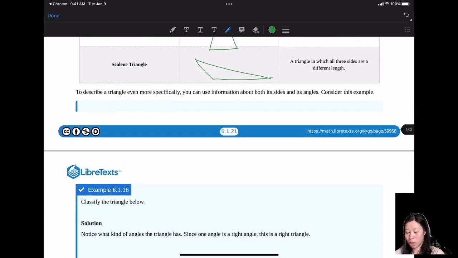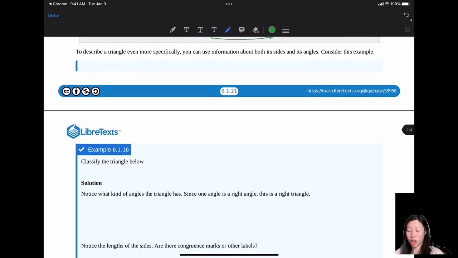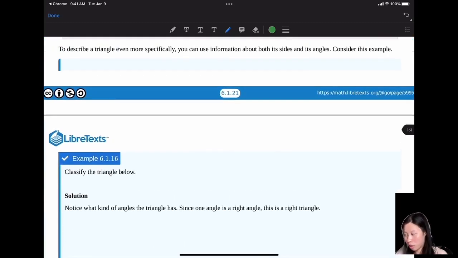So how do we describe a triangle? To describe a triangle more specifically, we can use the information that we know about the sides and the angles. Such as if I give you this graph, how much information do you have from this graph? We know that this is a right triangle, right? Because you have a right angle.